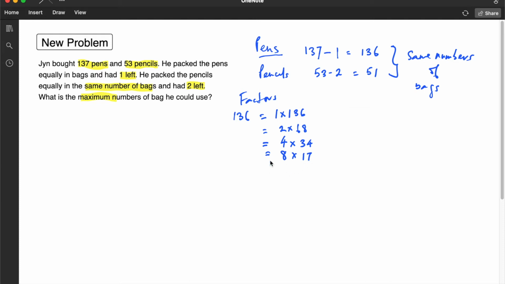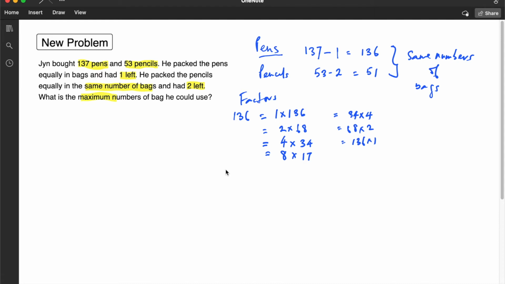Then after that is a repetition of the same thing but in reverse. In other words, it will be 34 multiplied by 4, and then 68 multiplied by 2, and 136 multiplied by 1. So it is exactly the same pair of numbers.